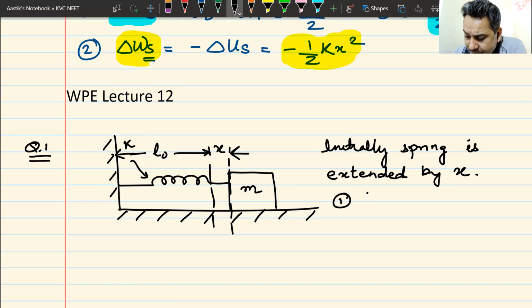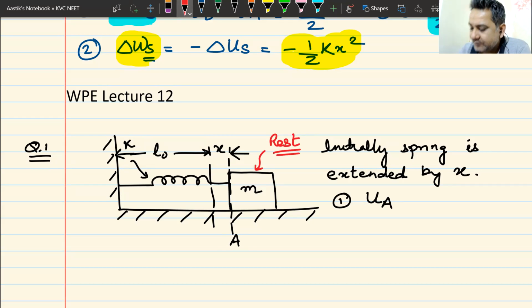Number one, the potential energy in the first case, U. If I call this position as position A, what is the potential energy at position A? That is the first question that I am going to ask. Remember, this block is at rest. So I am holding this block and this block is at rest. You first tell me what is the potential energy in this position.